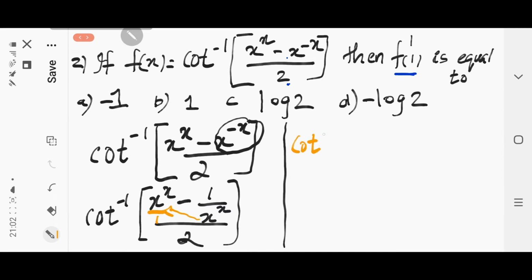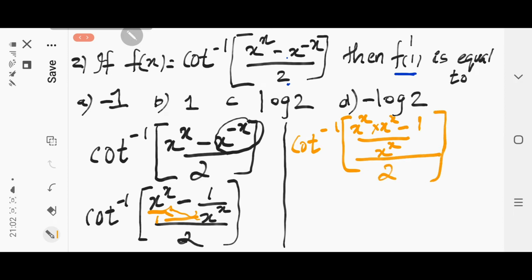So it becomes cot inverse of, here you multiply, 1 into, multiply these two things, the denominator is x raised to x, you get x raised to x there. When you multiply here, x raised to x into x raised to x minus 1, right? The whole divided by 2.